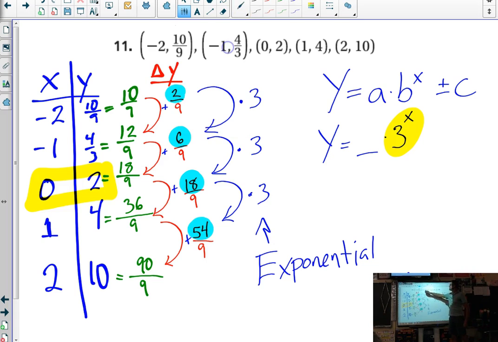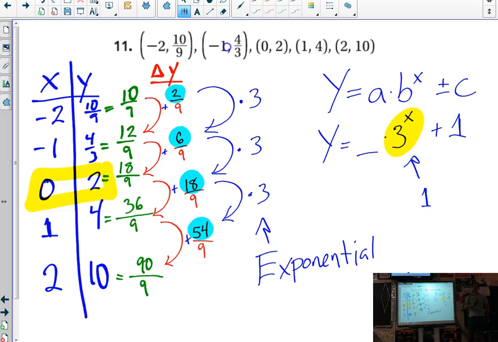This turns into a 1. So what would we need to do to make that work for my y-intercept? What if we add 1 here? If I plug in 0 and I get 1 here, and I add 1, I get 2.